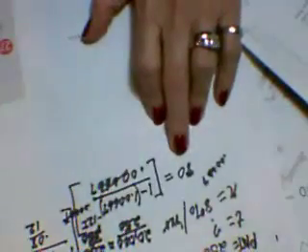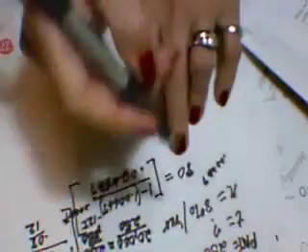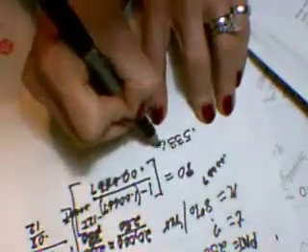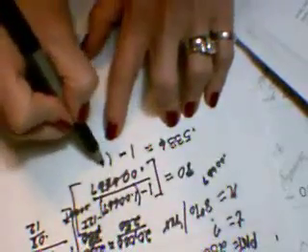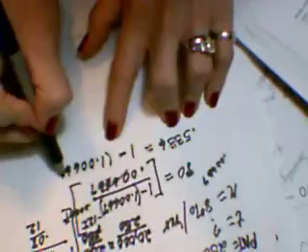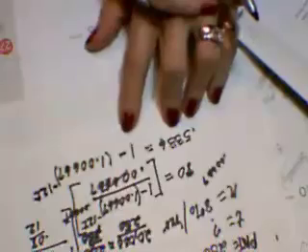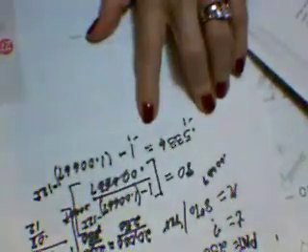So 80 times 0.00667, we'll subtract 1 on both sides.